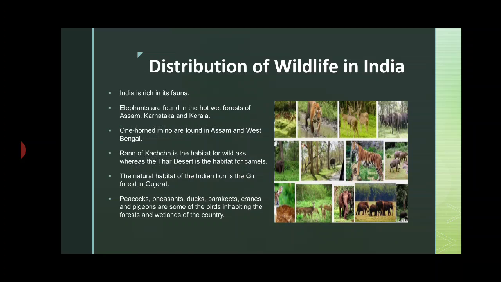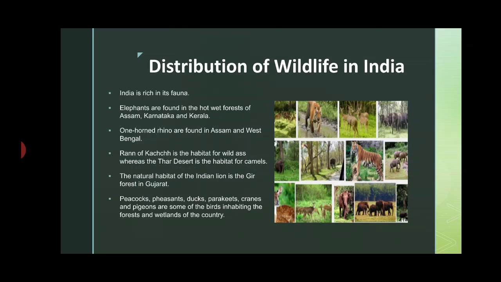Now, the distribution of wildlife in India. Elephants are the most majestic animal among the mammals. They are found in the hot wet forests of Assam, Karnataka, and Kerala. One-horned rhinoceros are the other animals which live in the swampy and marshy land of Assam and West Bengal.